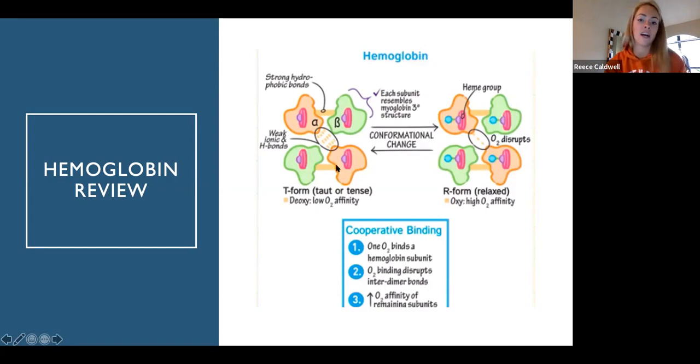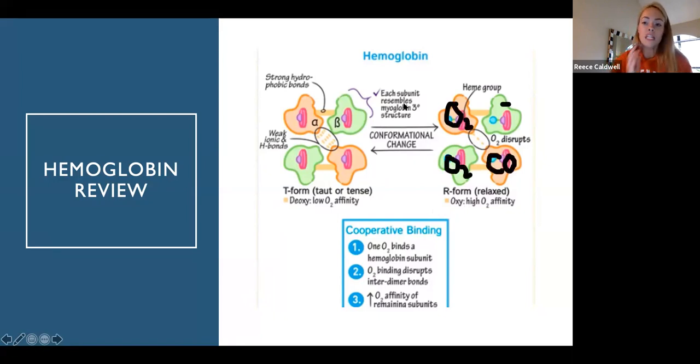So oxygen will bind to one of the hemoglobin binding sites, and when that one oxygen binds, it moves into the relaxed form. When it's in the relaxed form, it has a high affinity for oxygen, or high affection for oxygen. And those last three spots will be filled rapidly, so they'll be easily filled by oxygen.